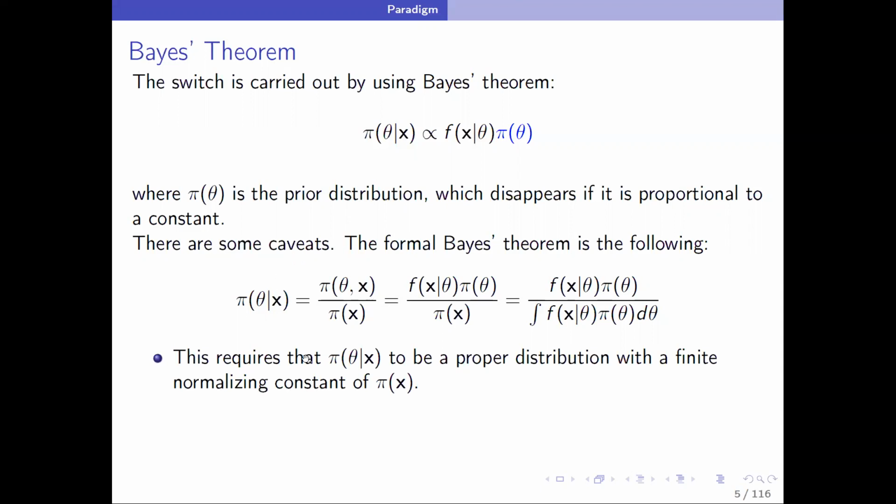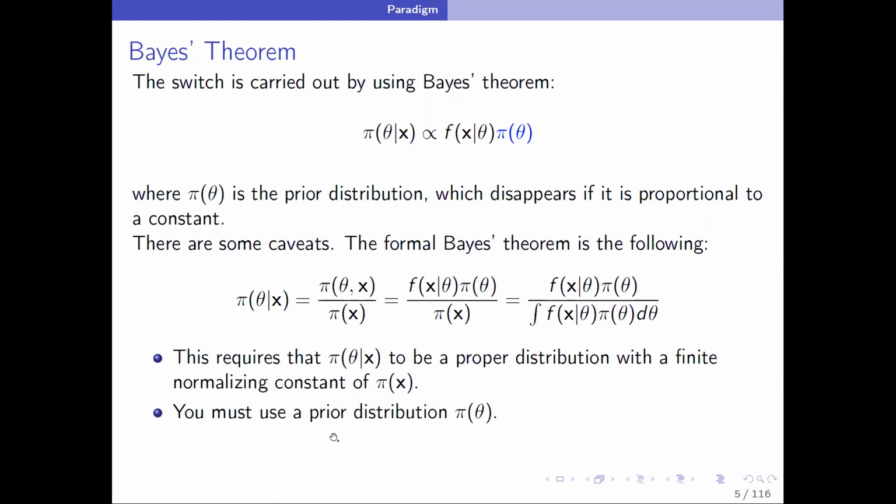The caveat is that this has to be a proper distribution. Typically we start with a sampling distribution, the data generating mechanism of the parameter, on X. That's a proper distribution, or a normal likelihood. A likelihood doesn't require the function to be a proper distribution with respect to theta, and Bayes theorem requires that.